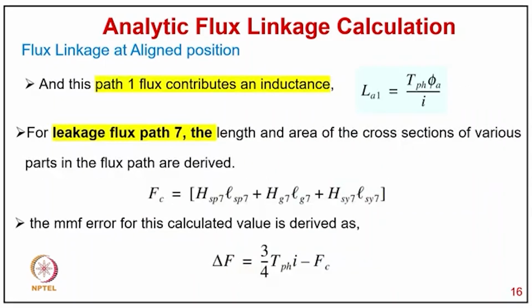Now the path 1 flux contributes to an equivalent inductance, that is LA1 equal to TPH into phi upon I. And similarly for the leakage flux path 7, the length and area of the cross-section of various parts in the flux path give FC equal to in bracket HSP7 into LSP7 plus HG7 into LG7 plus HSY7 into LSY7 in whole bracket, and the MMF error for this calculation is derived as delta F equal to 3 by 4 TPH into I minus FC.